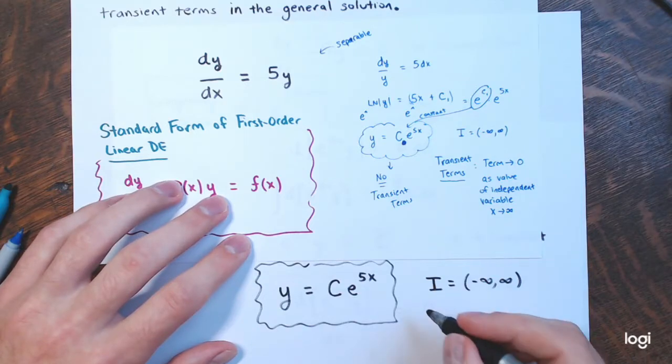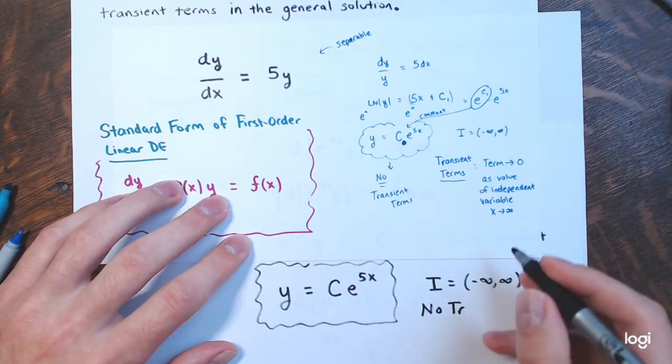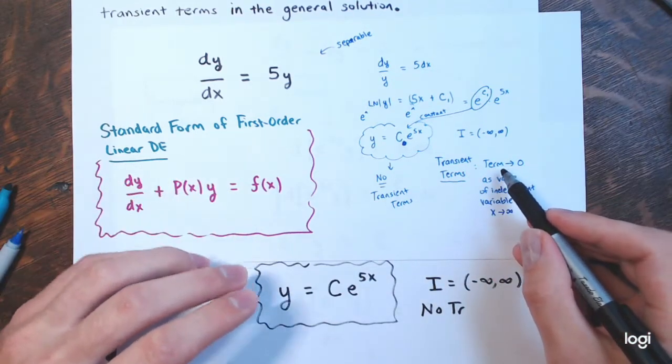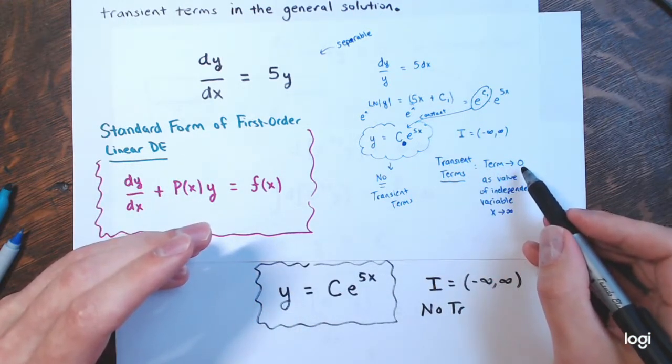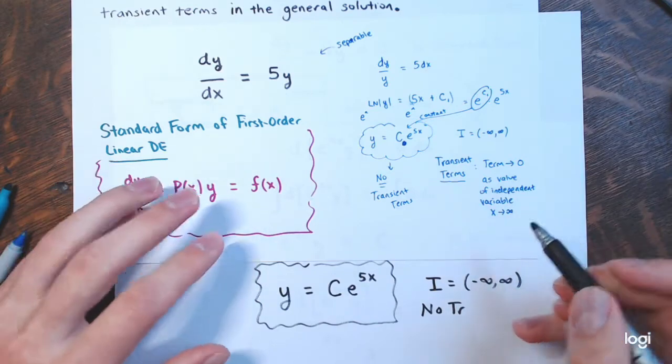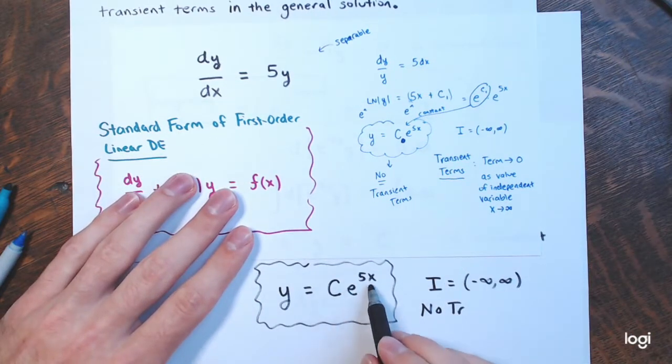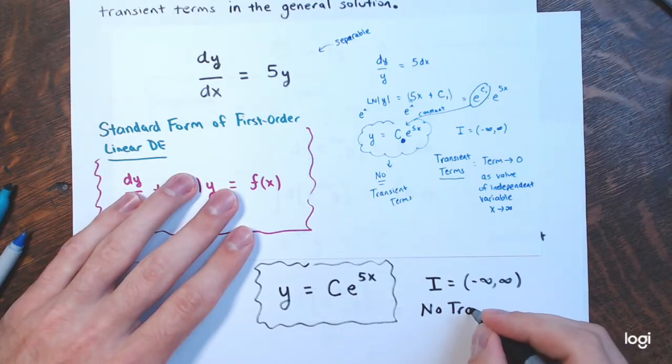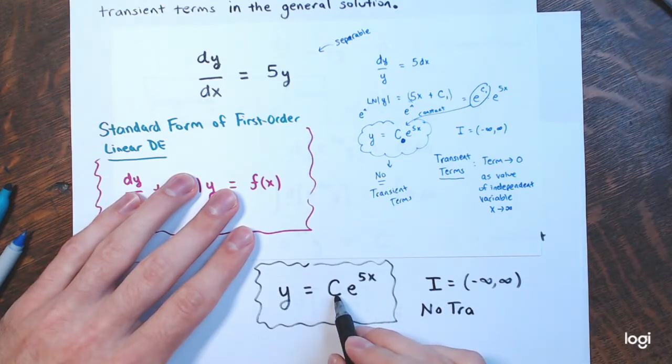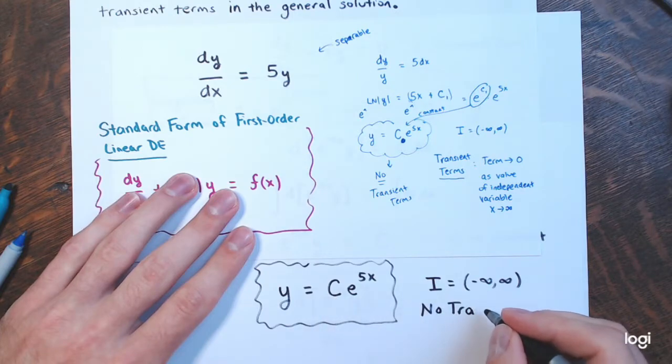And as I mentioned before, no transient terms. Again, a transient term is any term that would approach 0 as the value of the independent variable goes to infinity. Well, as x goes to infinity, this term would just get larger and larger, not go to 0, or go to negative infinity if this is a negative constant. But no transient terms.